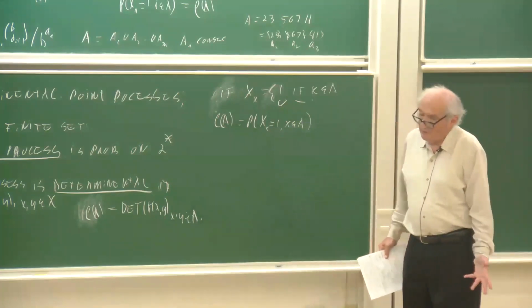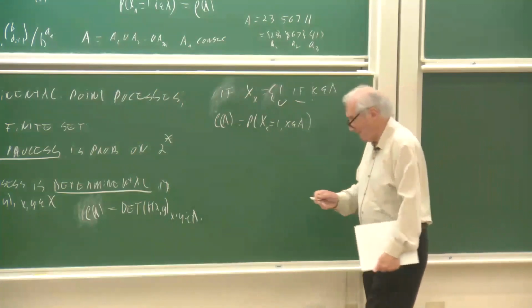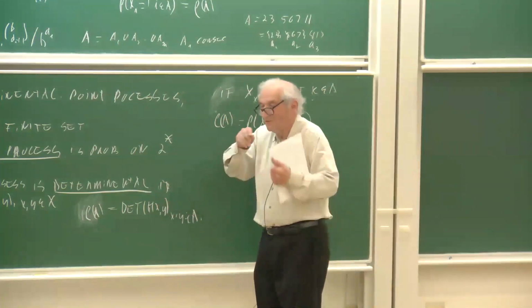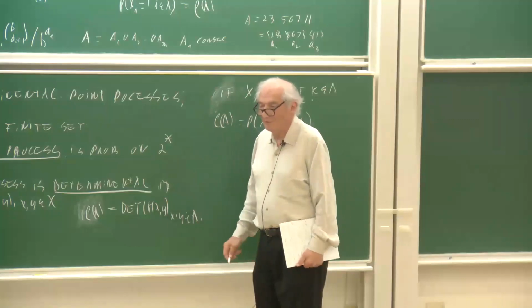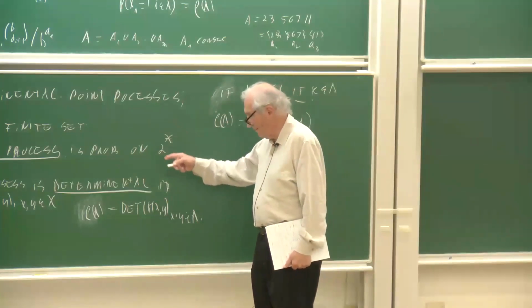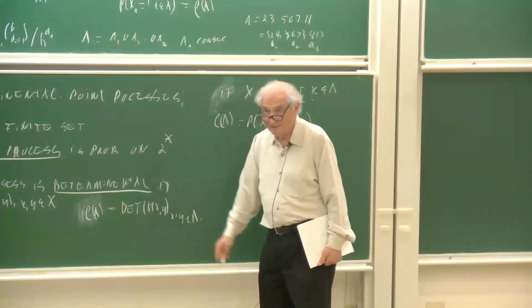And what you could see is that it's somehow easier to define a kernel, something defined for pairs of numbers, than to define a measure on all possible subsets of a given space.